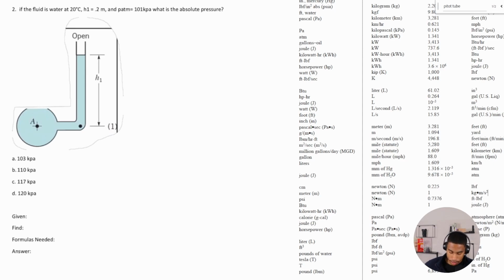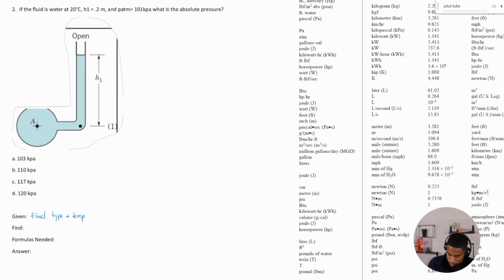So what are we given? We're given the fluid type, which is water, and temperature.